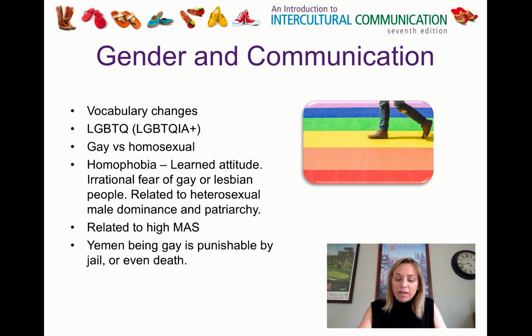For example, in cultures like Yemen, which ranks really high in masculinity, if you're out in public and people know that you're gay, it's punishable by jail time, you could be stoned to death, or you could be thrown off the top of a building. So this shows us an example of how this masculinity scale can relate to gender.